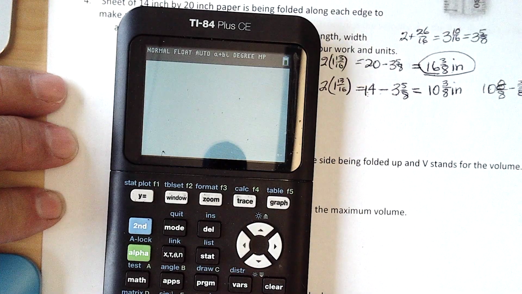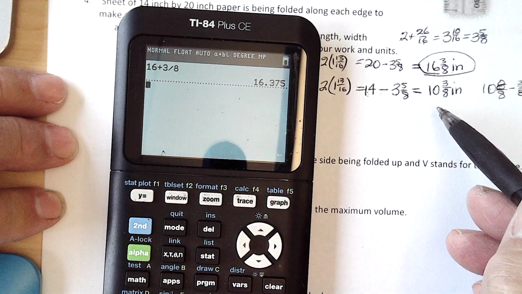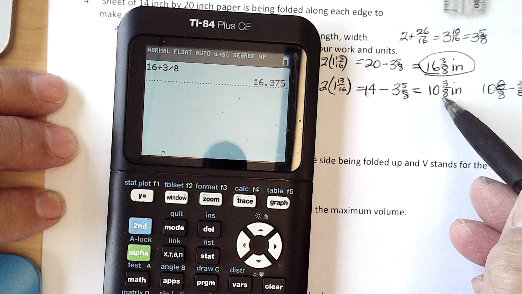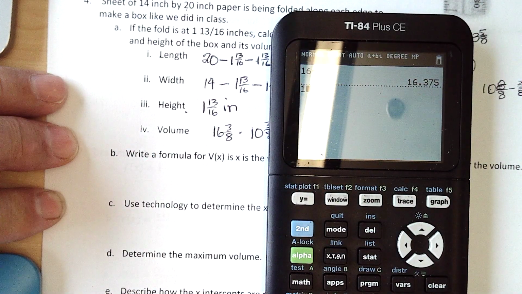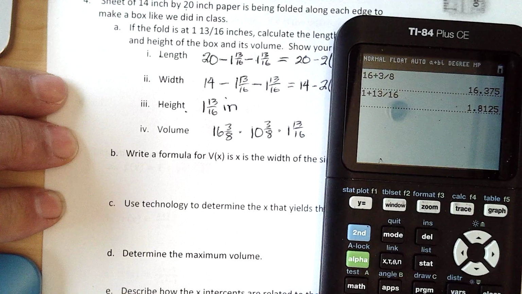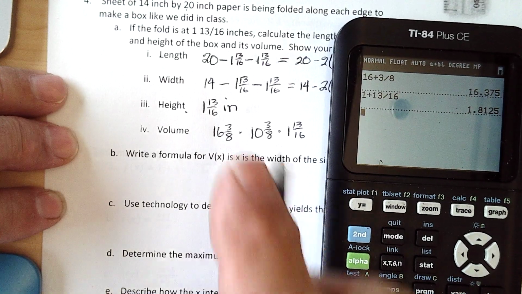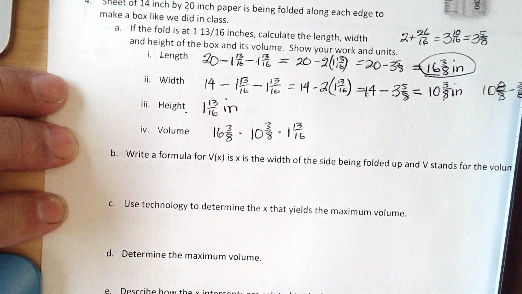You said 16 plus 3 divided by 8 is 16.375, and 10.375, and 1 plus 13 divided by 16 is 1.8125. Those would be decimal values for those, and you can multiply those numbers.